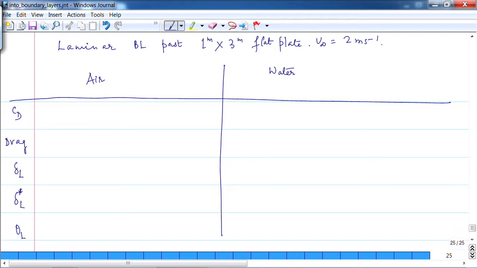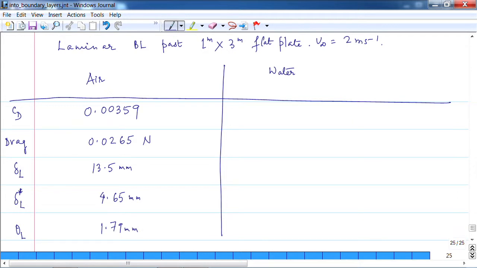What we get for air: total drag we got as 0.0265 newtons, delta 13.5 millimeters, delta star 4.65 millimeters, and theta 1.79 millimeters.